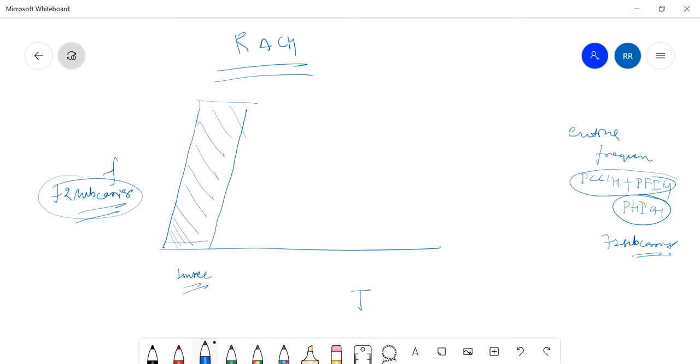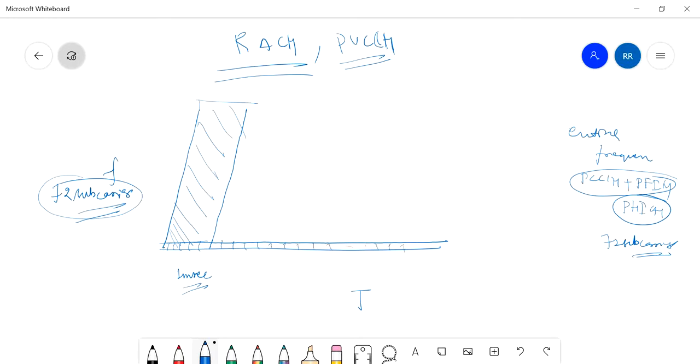And let's see another channel, PUCCH, the physical uplink control channel. The physical uplink control channel is always on the first RB, on the end of the frequency grid.